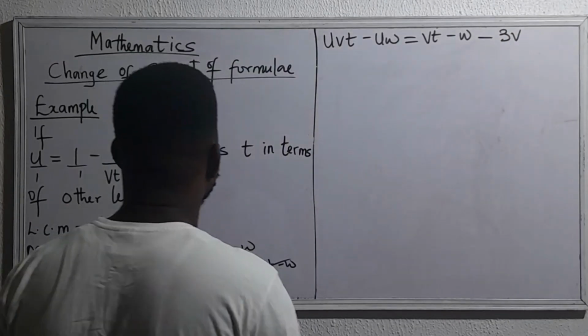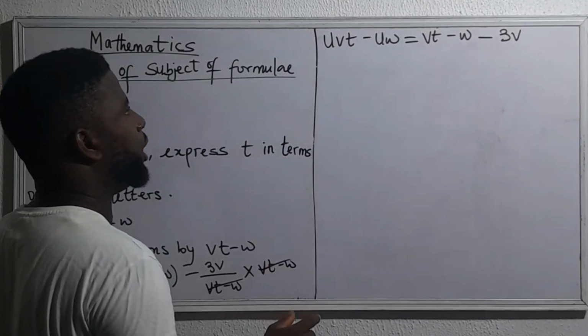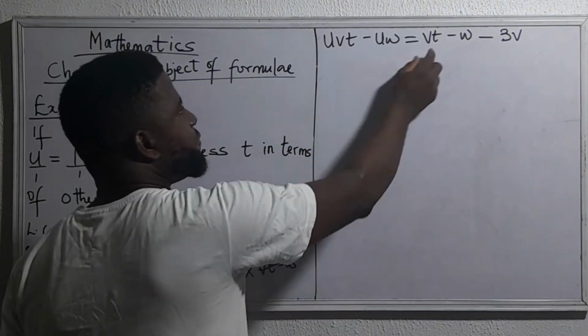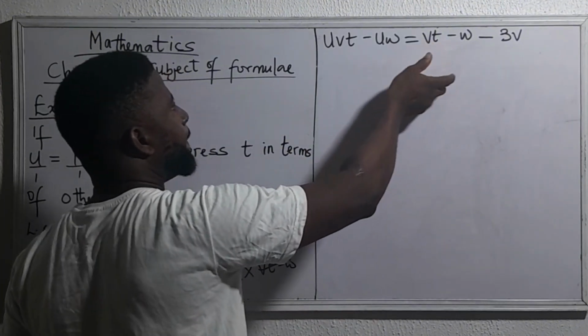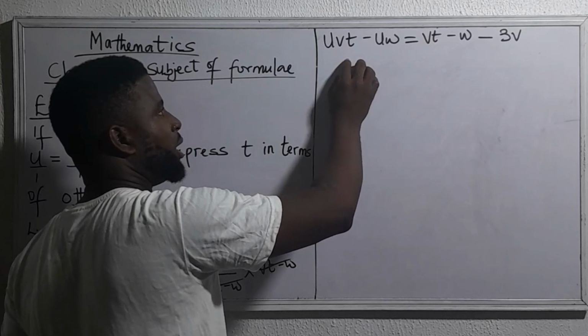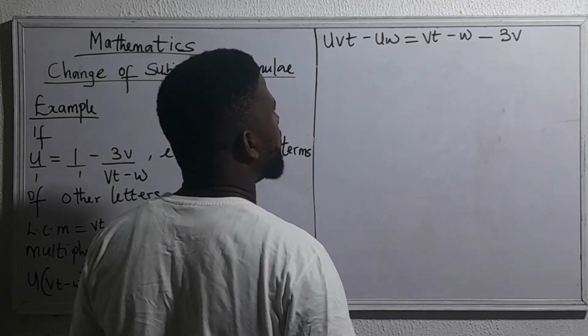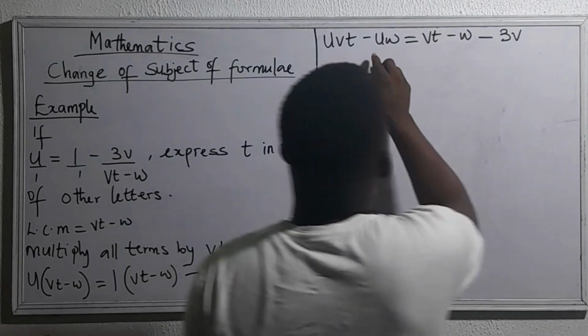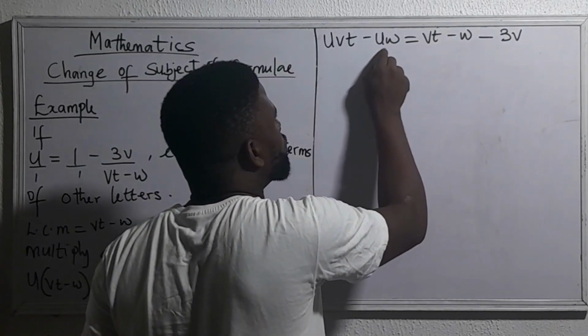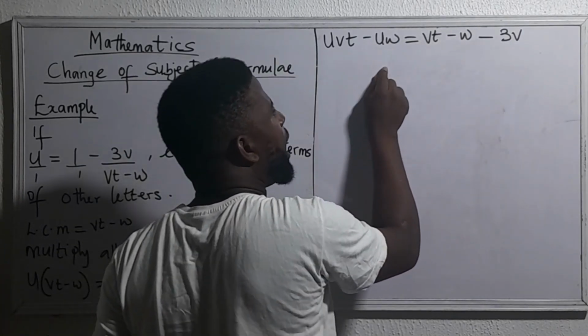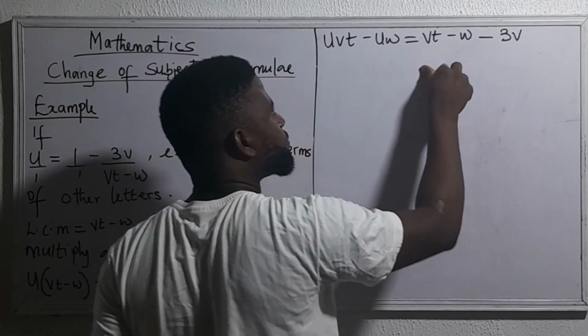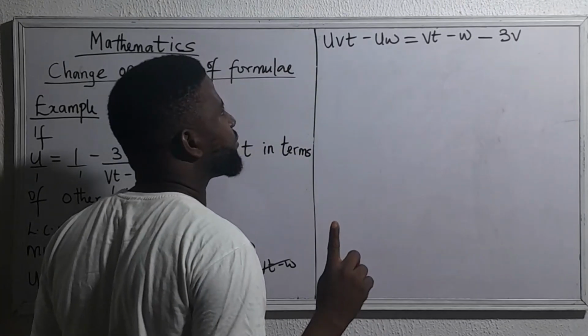Now, we are to make t the subject of formula, which means every variable with t becomes like terms, so they come together, while every variable without t goes to the other side. So which means we need to delete minus uw from the left hand side and also delete vt from the right hand side. So doing it one after the other.